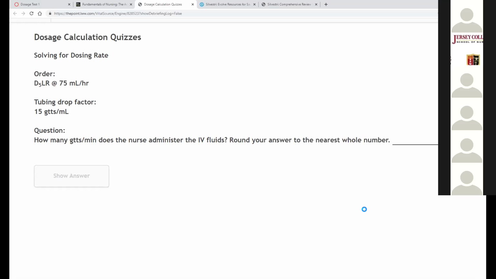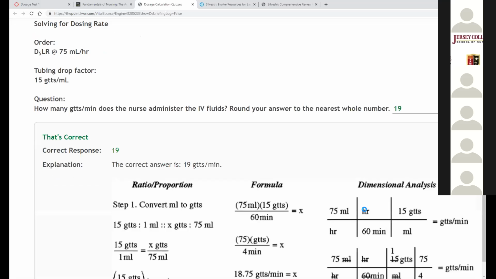It says round it to the nearest whole number, so that'll be 19. Look at that, rock stars, you got it.